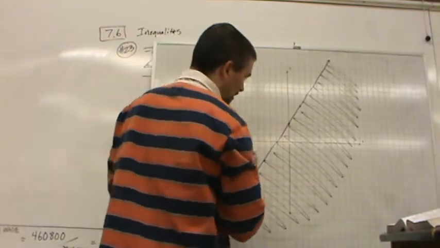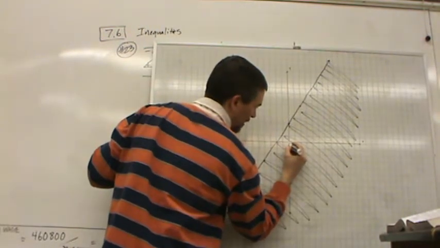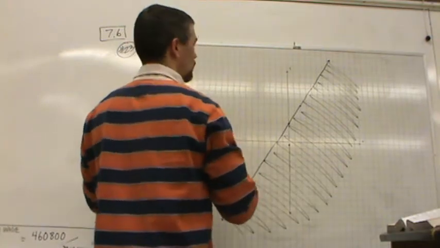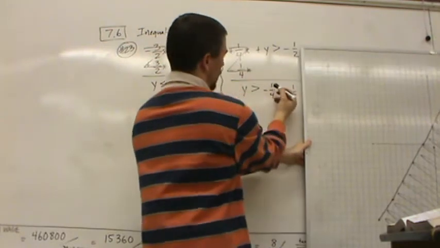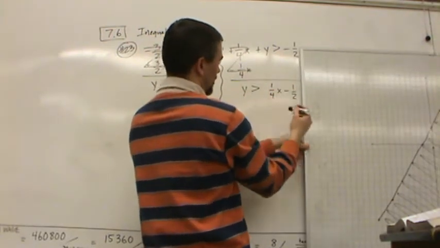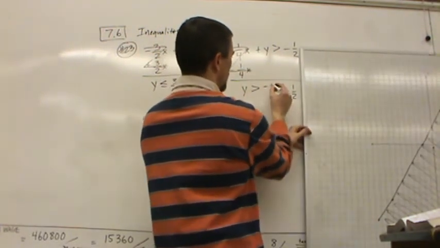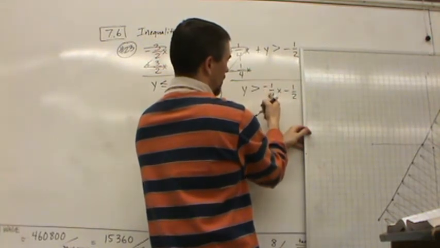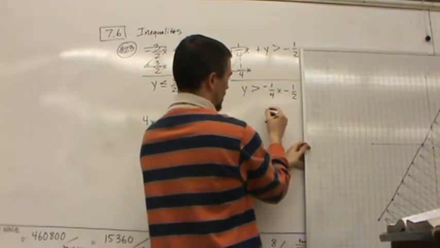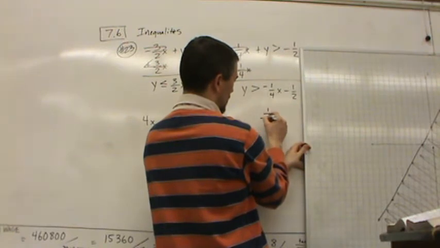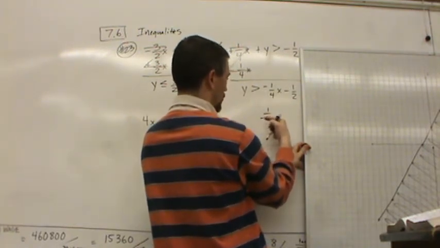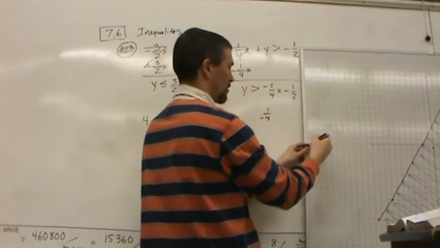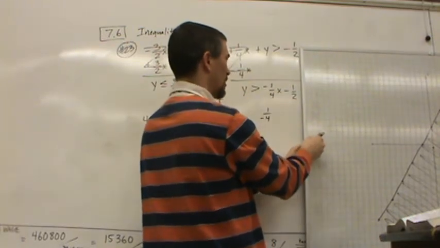y-intercept, -1/2, which would be right there, and we've got to rise a -1, let's put that negative on top. Rise a -1 and run a +4, which I explain to my students is the same as rising a +1 and running a -4, which is what I was kind of alluding to and stumbling over my words about before.